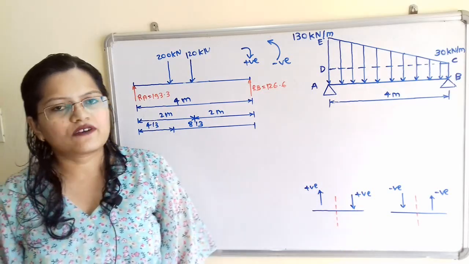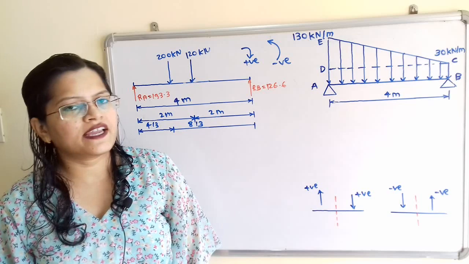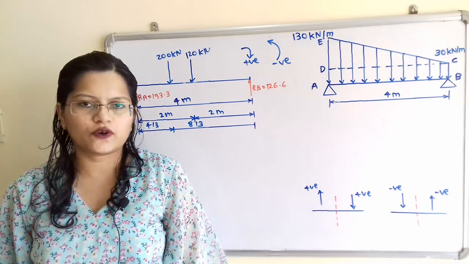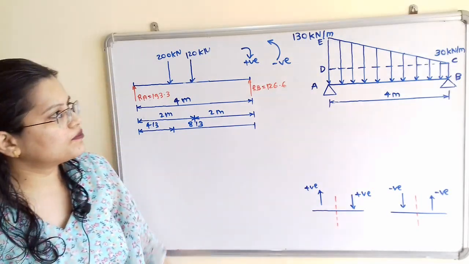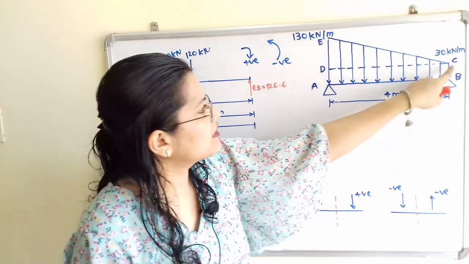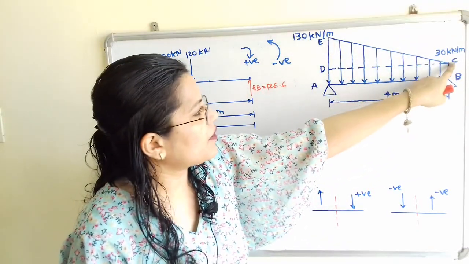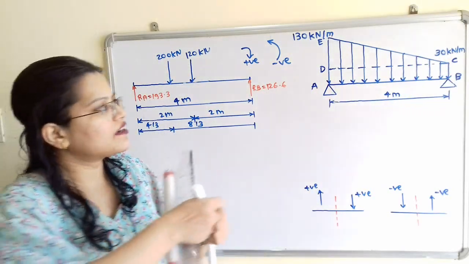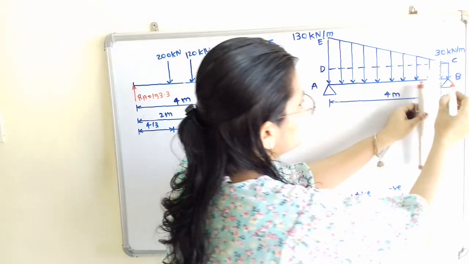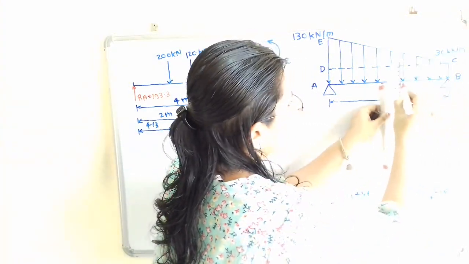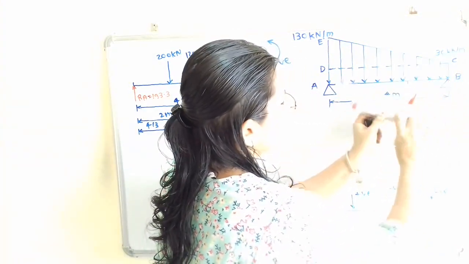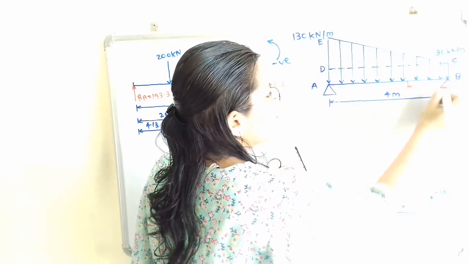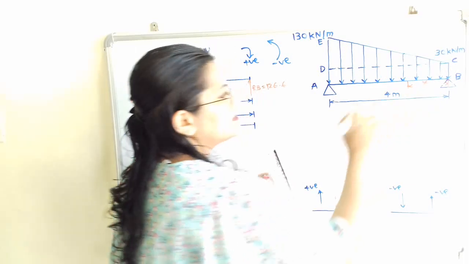We will calculate shear force at any distance x where the load is 0 kilonewton. Now if we observe triangle CDE, at point C the load is 0 kilonewton. So we will consider any distance x from this end C. Now how to calculate the shear force at a distance x?